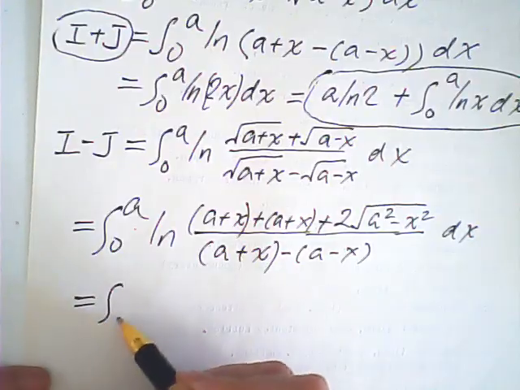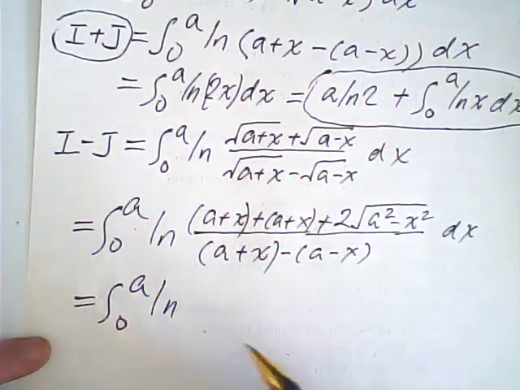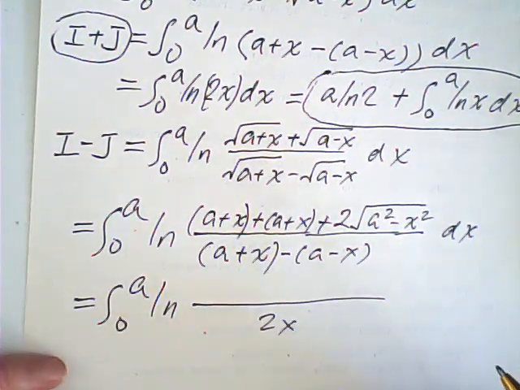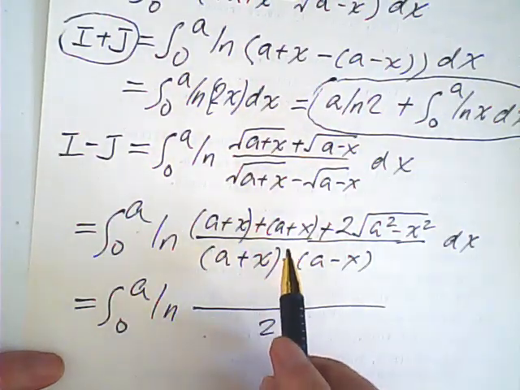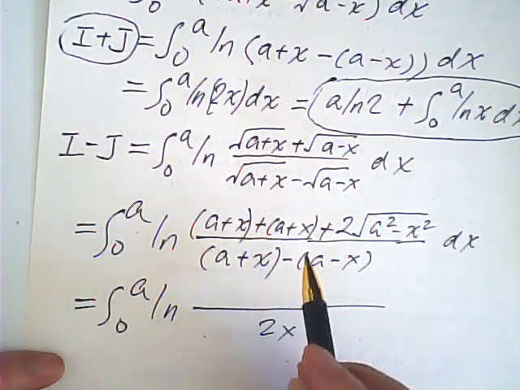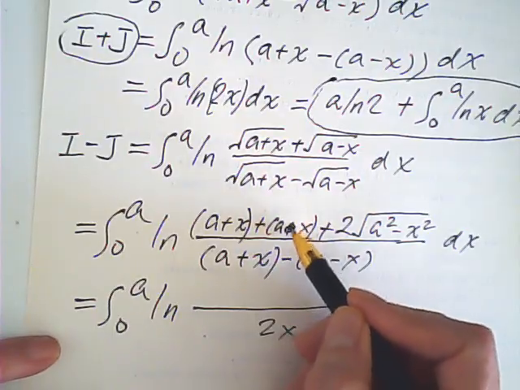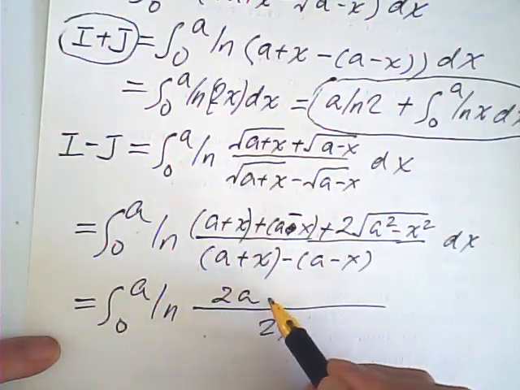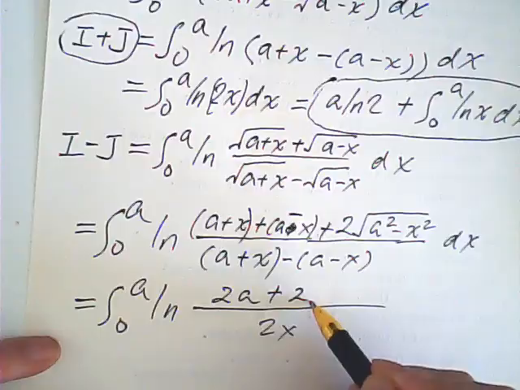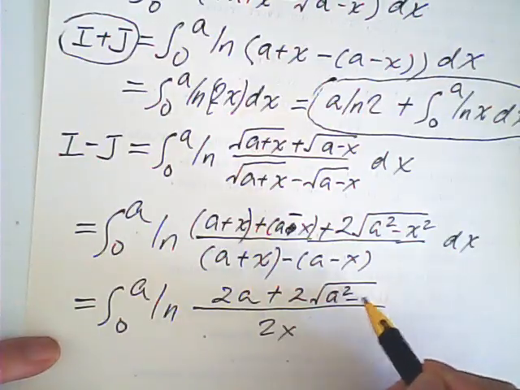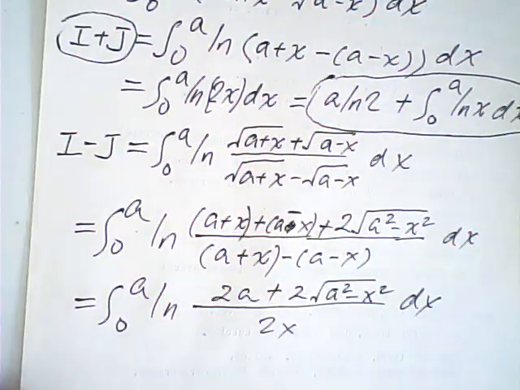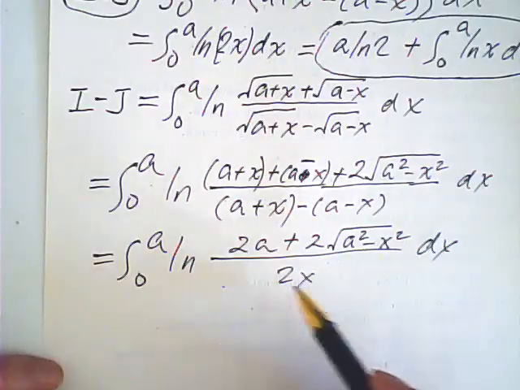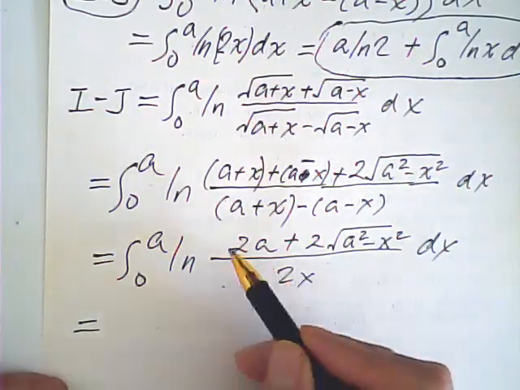Okay, then this becomes the integral from 0 to a of log. This is easy, it is 2x. Sorry, the x cancels out and it is 2a plus 2 times the square root. Yeah, good. Then I cancel x, I cancel 2.